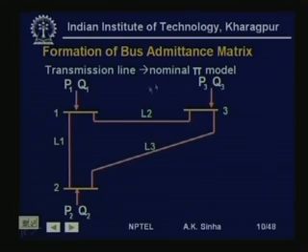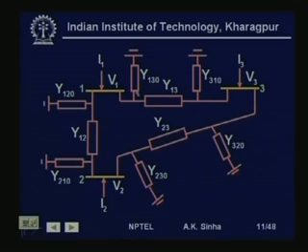For this system, the transmission lines, as we have seen earlier, are modeled as the nominal pi model. So, for each line we have a nominal pi model associated with it, where the elements y 2 3 0 and y 3 2 0 are the half line charging susceptances associated with line 2 3. The same applies to the other lines.